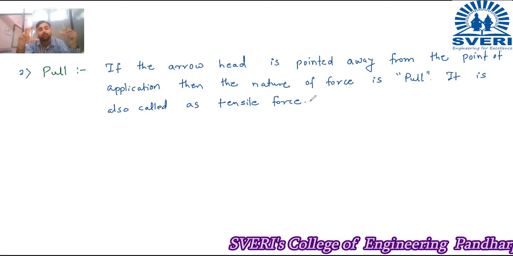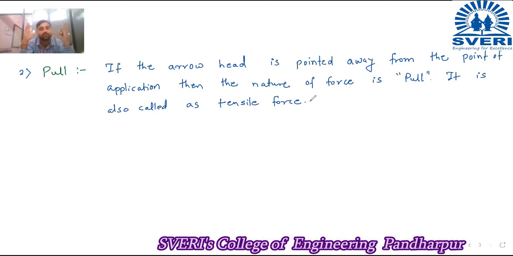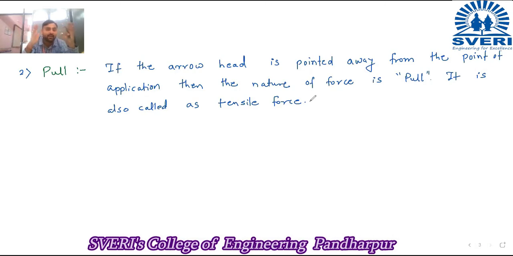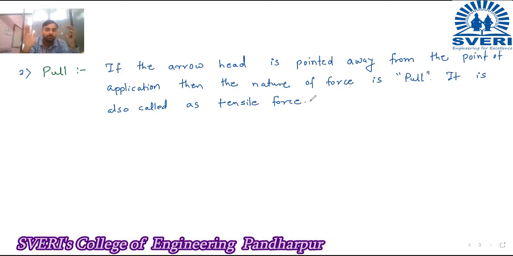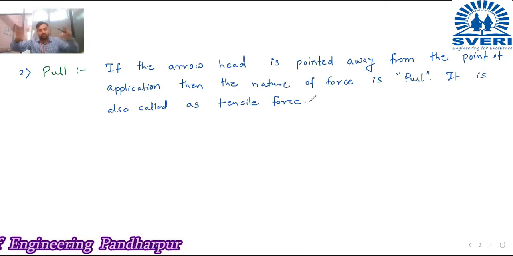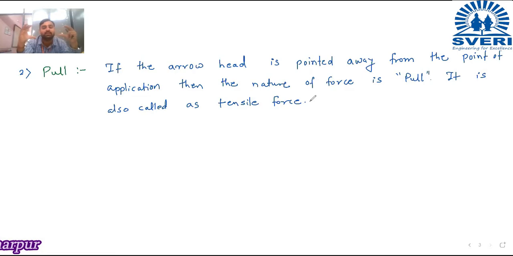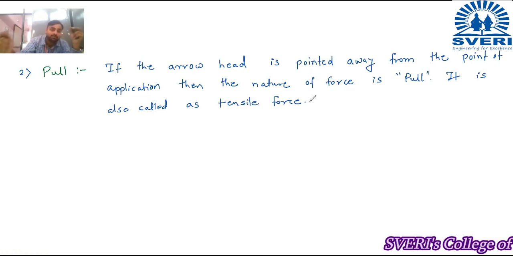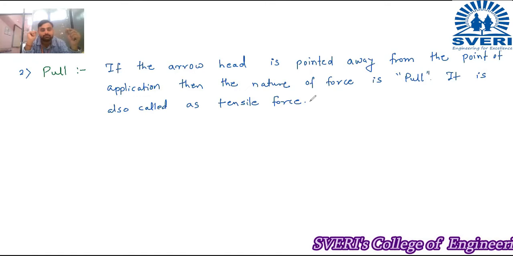So the stiffness of rope is not that much high as that of the bar. So that is why we cannot apply the push force by using the rope. But if we use a steel bar or iron bar, whatever it may be, that bar is solid in nature, it is having more stiffness, so we can apply the push force as well as pull force.